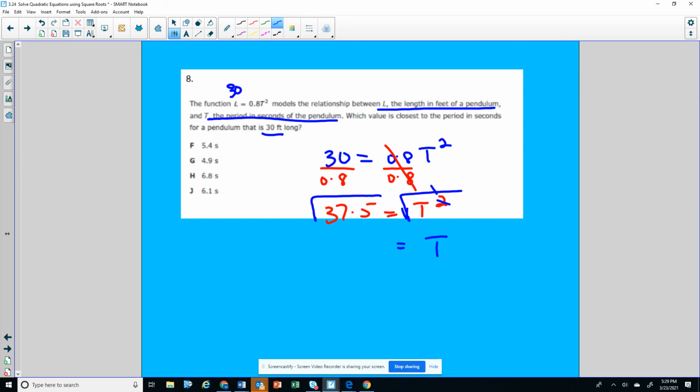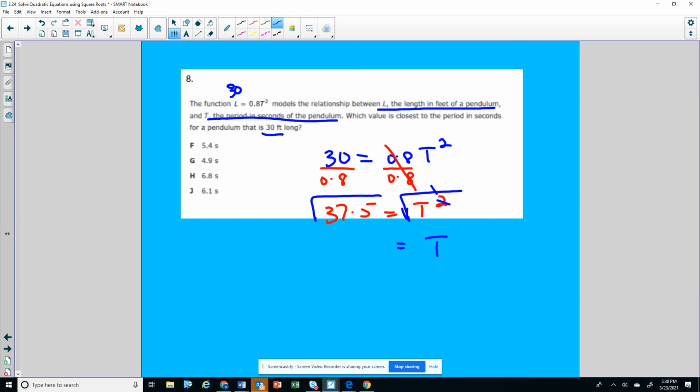Calculator, come on, square root of 37.5, and that is equal to 6.1.